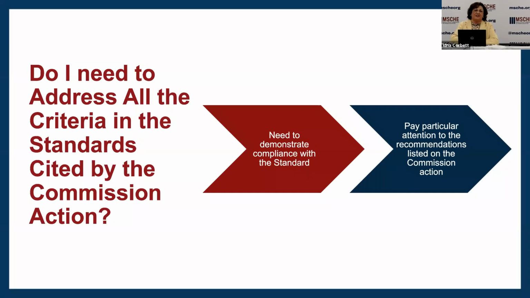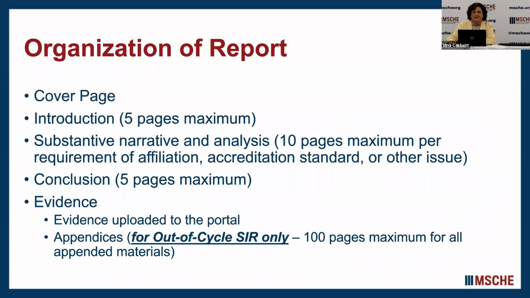However, as Dr. Faison said, in the commission action, you will see the specific areas that the commission wants you to pay attention to in your supplemental information report, monitoring report, or focus report. So please pay particular attention to those recommendations listed in the commission action.